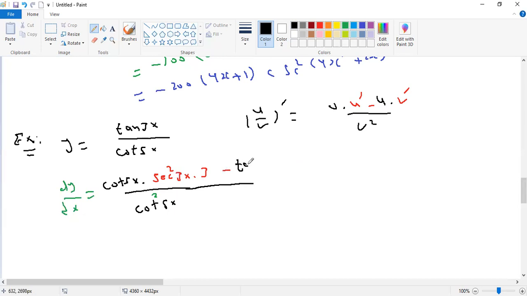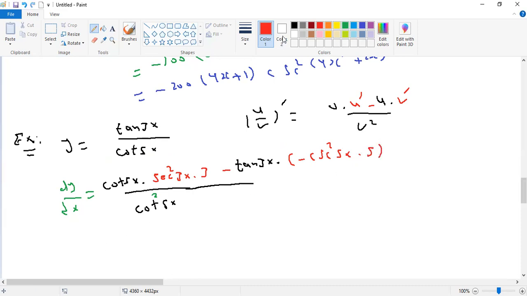The u is tan 3x multiplied by the derivative of the denominator. The derivative of cotan in the denominator is minus cosecant squared u times the derivative of the angle, where the angle is 5x, so the derivative is 5.